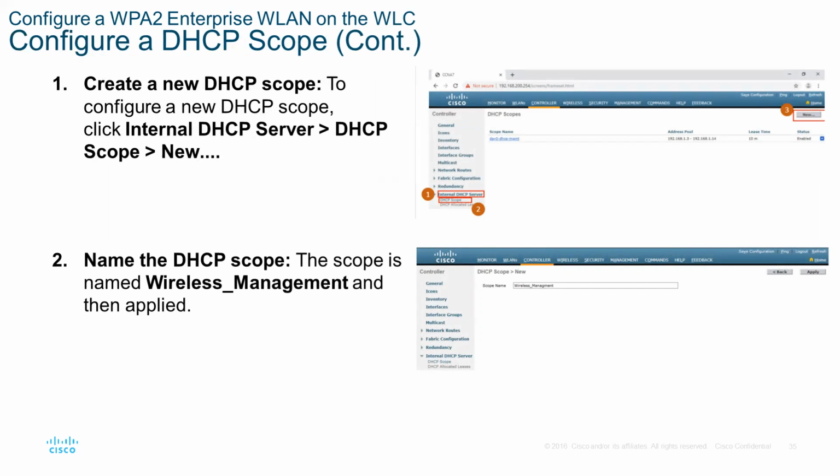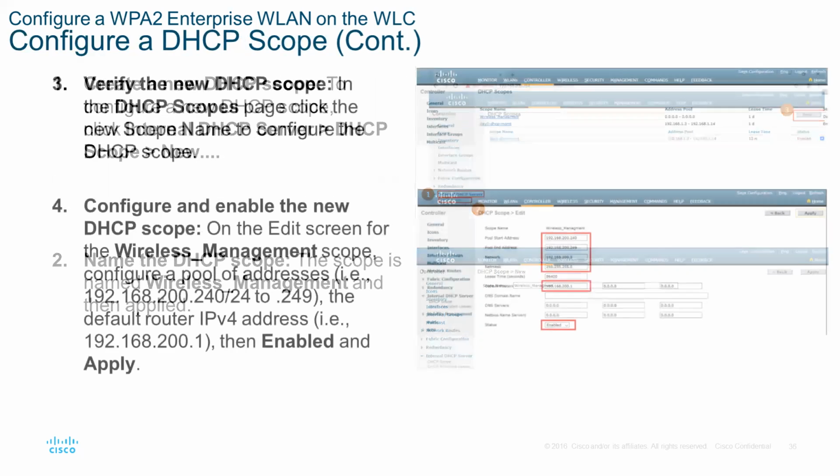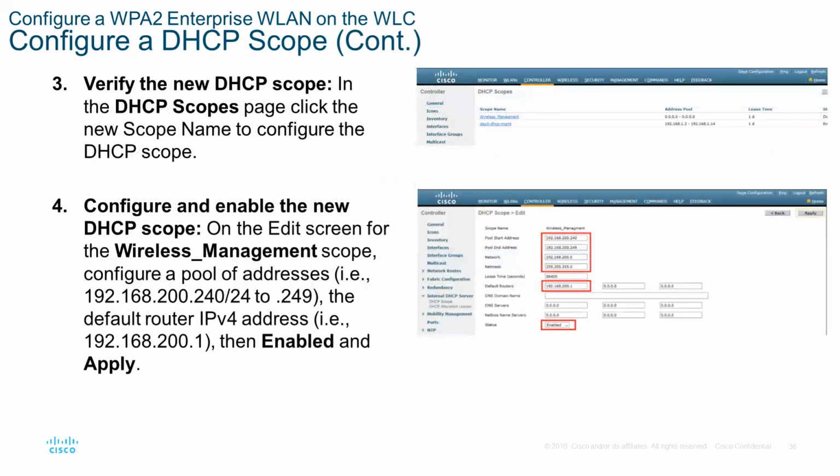So this is on the wireless controller, and on the left-hand menu you'll find the internal DHCP server, and click on the scope, select new, and then give a name to the scope. Then we need to set up the actual scope itself.